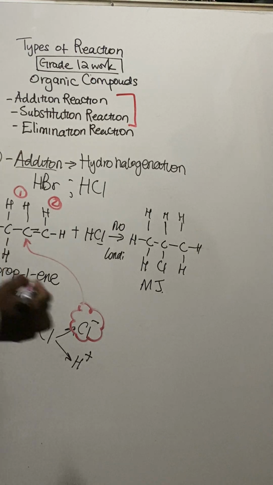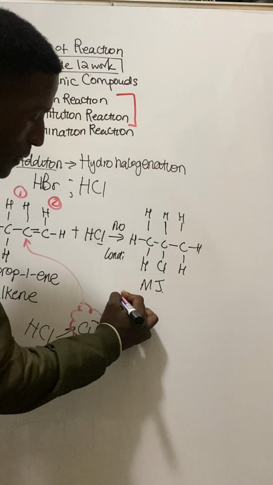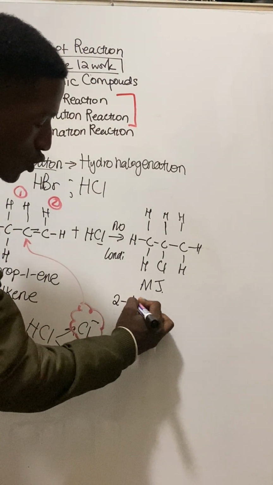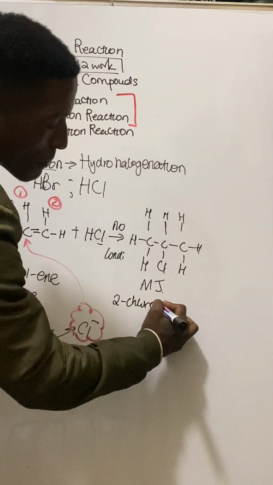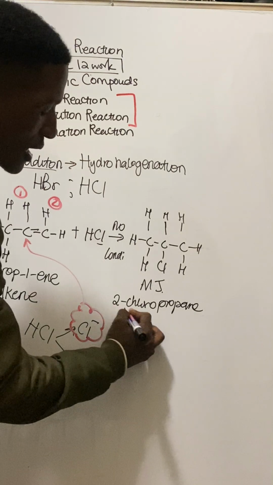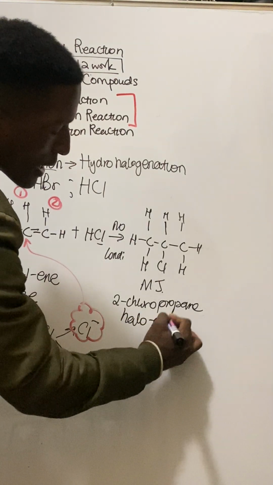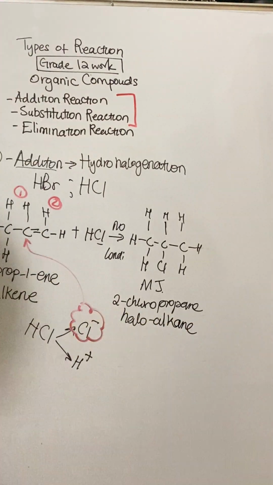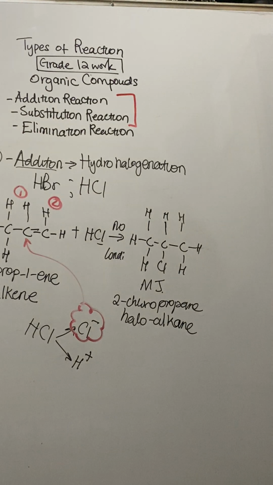The name of that one, what is the name? The name will be 2-chloropropane. Homologous series: haloalkane. Functional group, it does not have a functional group. So that is our final type of addition reaction.